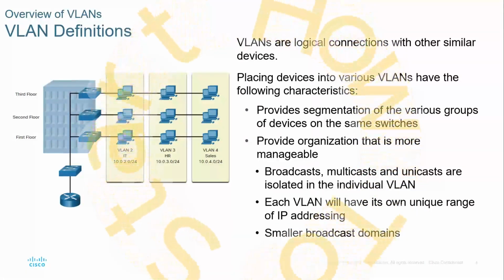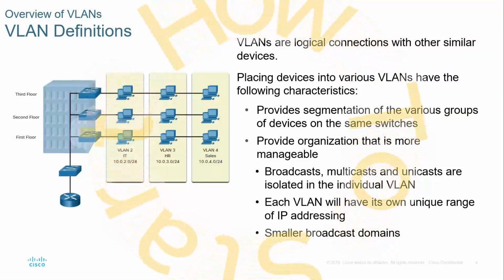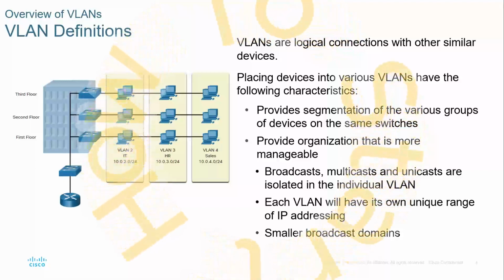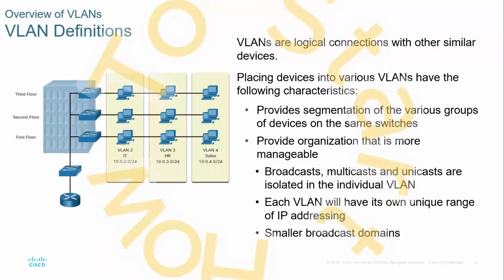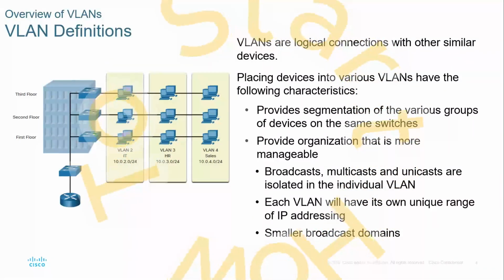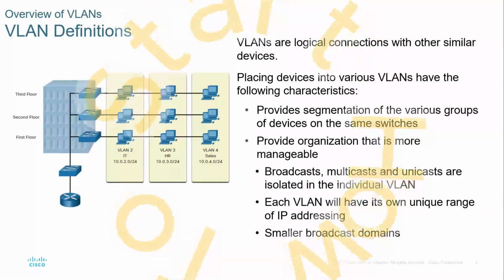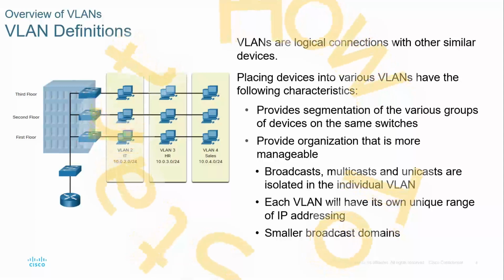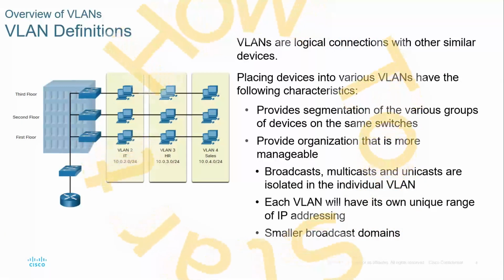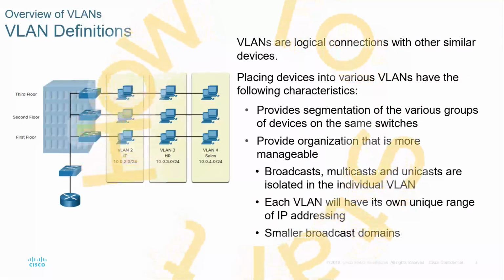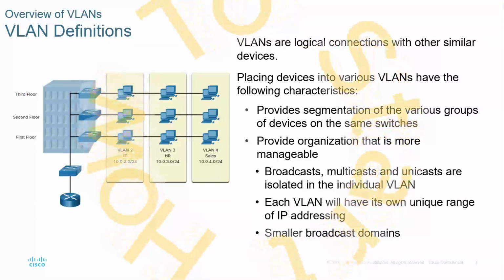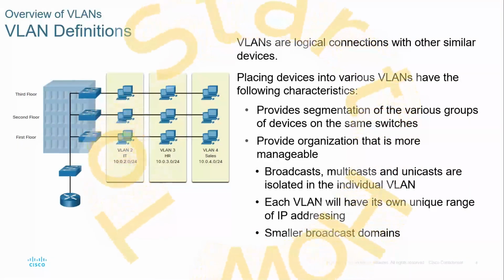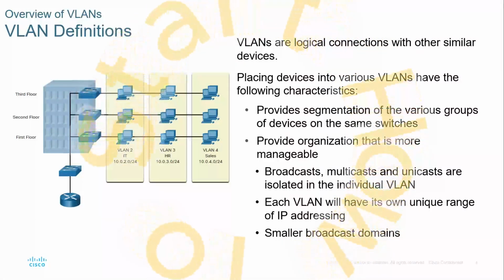So what are the benefits of this? It provides better segmentation. It provides better organization and manageability. It provides a restriction of broadcast, multicast, and unicasts as they're isolated within a virtual group, an individual VLAN. The nice thing is VLANs will have their unique layer 3 space, so they'll have their own address space, and that does mean smaller broadcast domains.